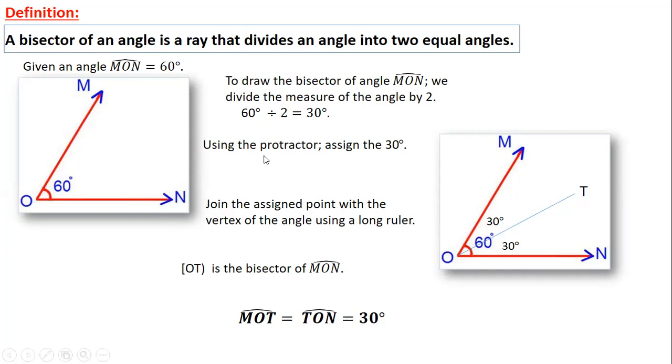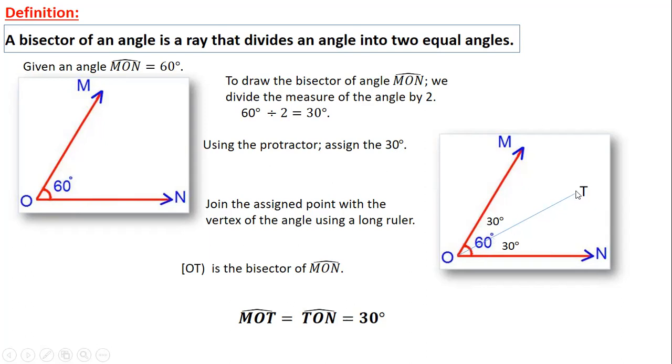Now we bring the protractor, which is half a circle, we put it on the vertex and we mark the 30 degrees, then we take away the protractor, then the point of the 30 degrees that we marked, we join it with the vertex, as you can see here.